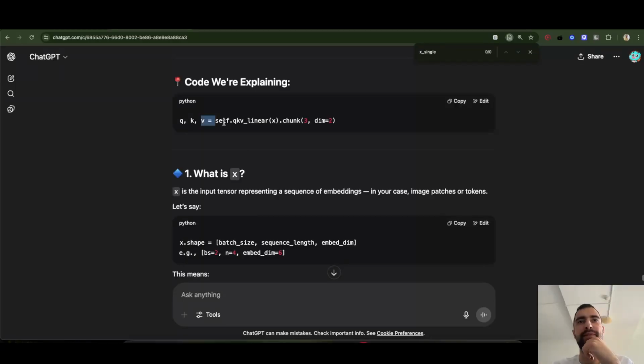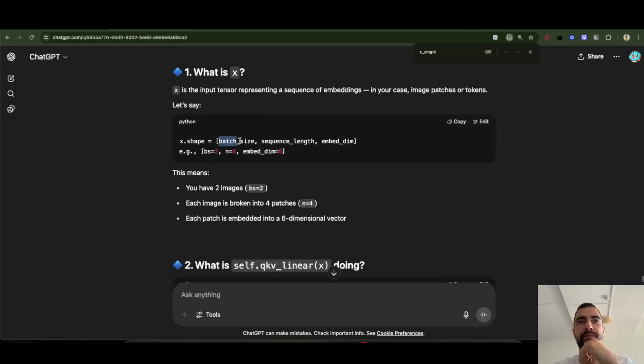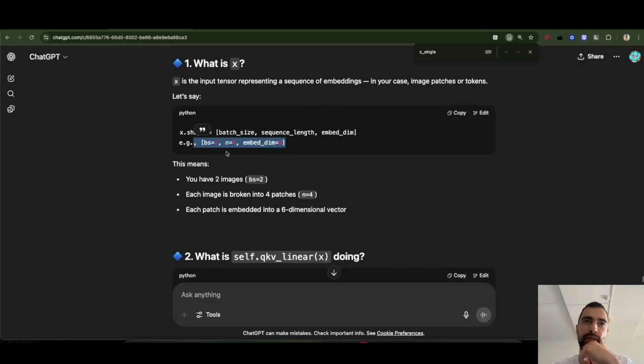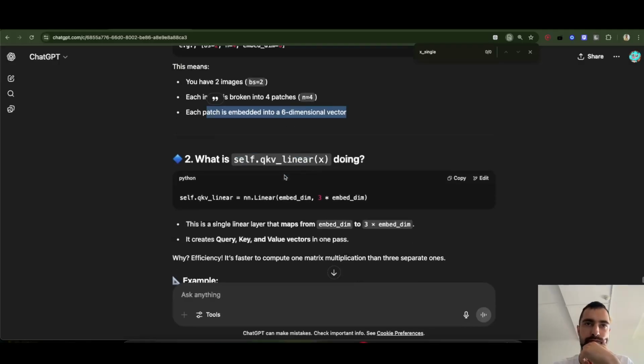So let's explain that line separately, this chunking and stuff. We know that X shape is batch size, sequence length, embedding dimension. For example, it can be these numbers. So we have 2 images. Each image is broken into 4 patches. Each patch is embedded into a 6-dimensional vector.